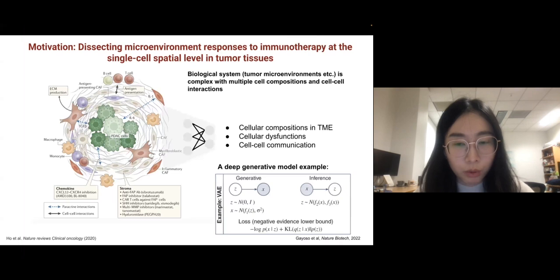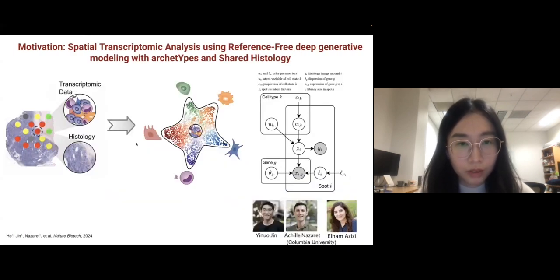A very nice example, also a very traditional and famous approach that we are using now to decouple the complexity of the samples, is the deep generative model. These are very nice models because they allow a lot of assumptions on the cells, and we know that marker latent variables can be modeled directly from these types of models.